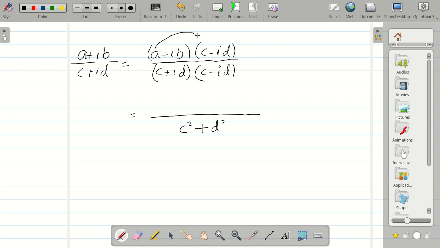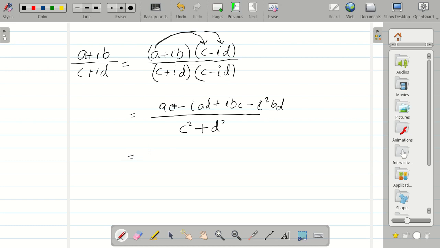Now we are left with multiplication. And you're already familiar with multiplication, so you won't have trouble simplifying the numerator. So you get a into c and then minus a into d i, and then ib into c, and the last one, I'll write minus i square b into d.